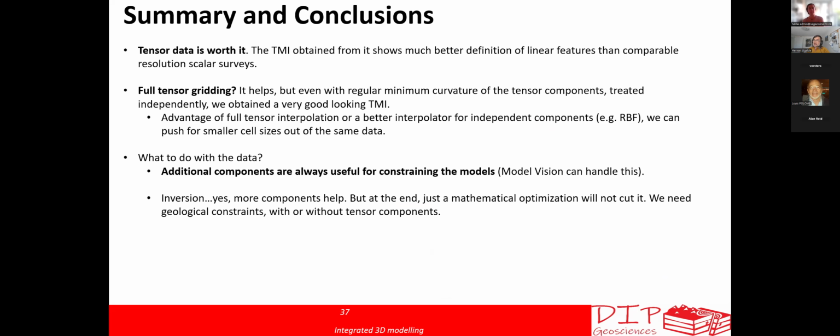What to do with the data? Having these additional components is always going to help for constraining models. So if you have model vision, you can use all those components when you are inverting. And if you're trying to fit all those components, you are able to separate between, for example, two different models as well.